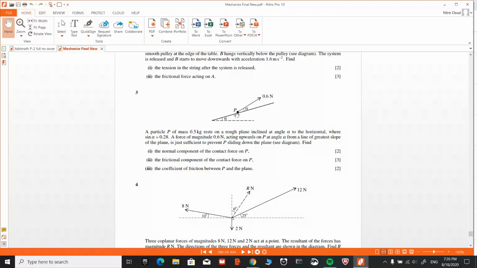There is a particle of mass 0.5 kilograms resting on a rough plane. If it's a rough plane, it means there is friction that we need to incorporate.